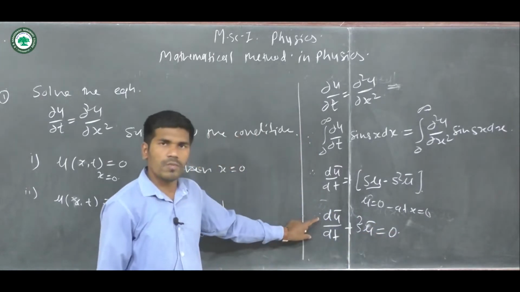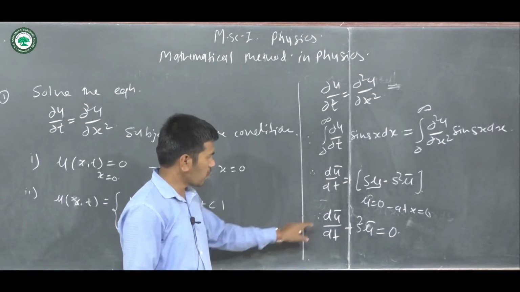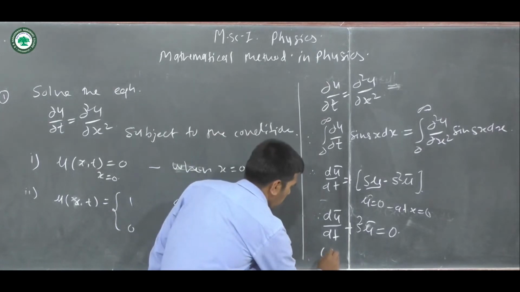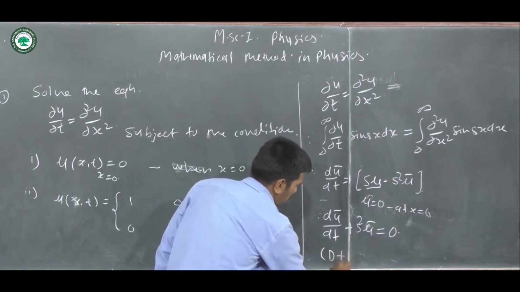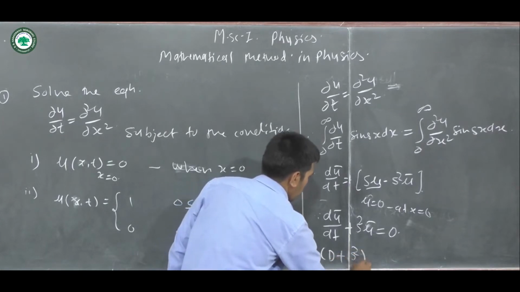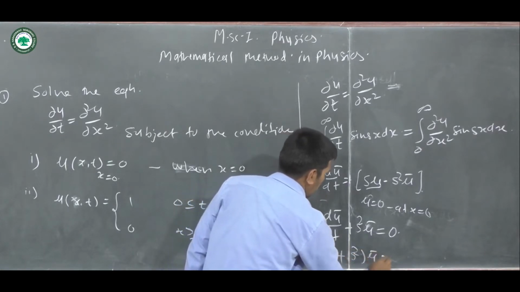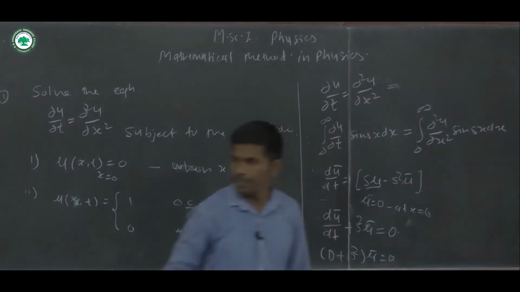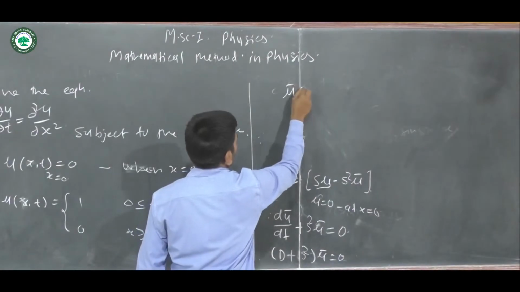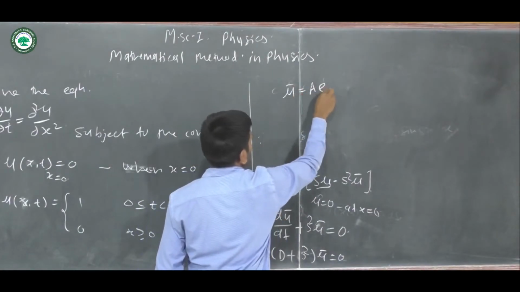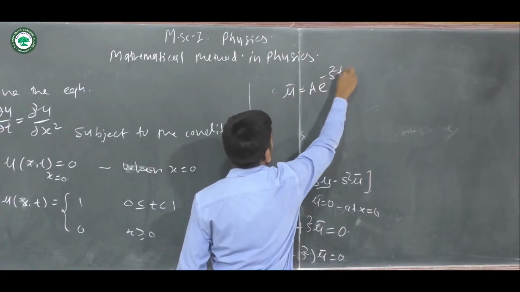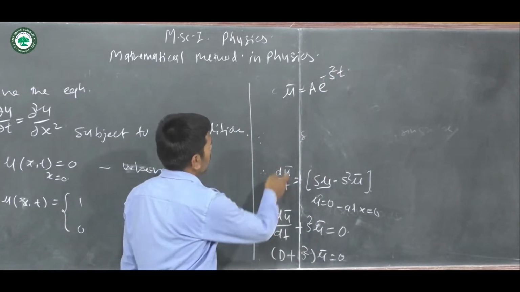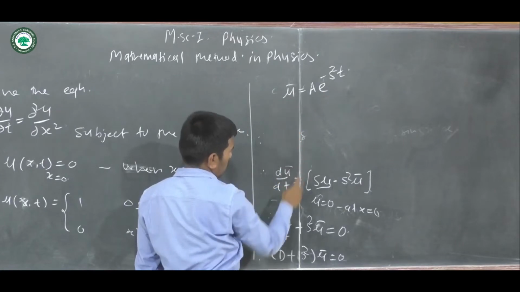This is a first order differential equation, and we know its solution. Also we can write (d/dt + s²)ū = 0. The solution of this differential equation is ū = a·e^(−s²t).